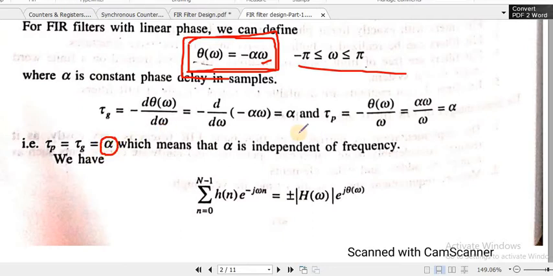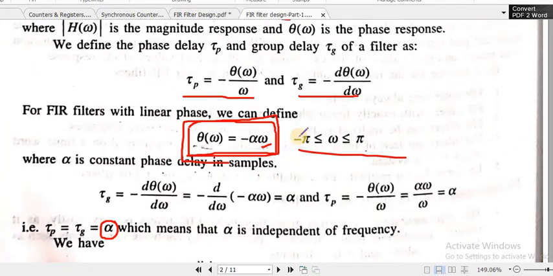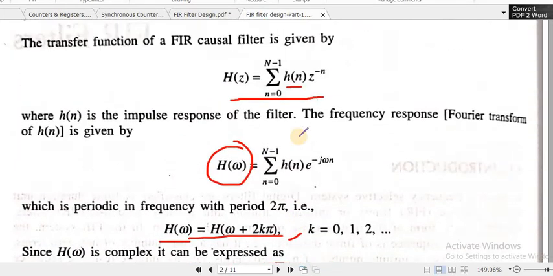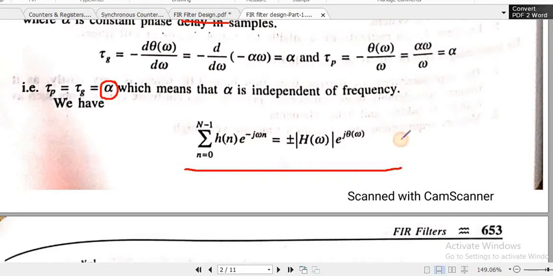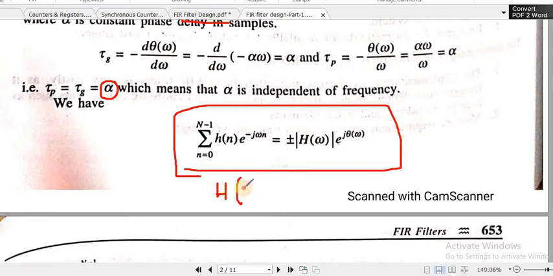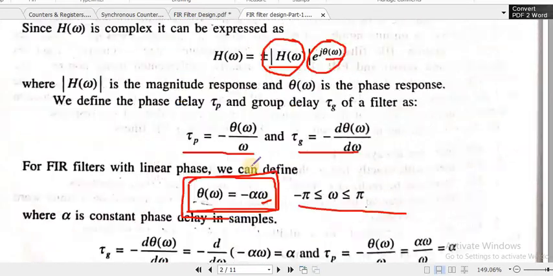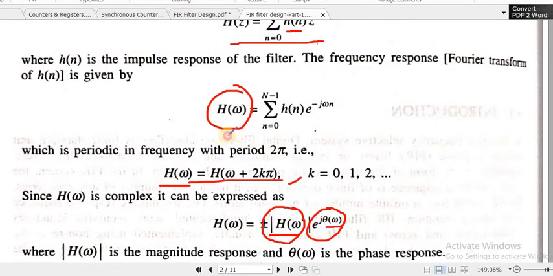It's very simple. You can do that. So for a linear phase FIR system, if the phase delay or group delay is constant, then we can write down this equation. This is nothing but H of omega.